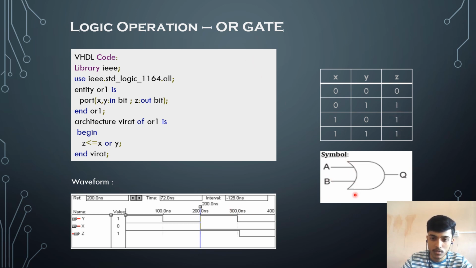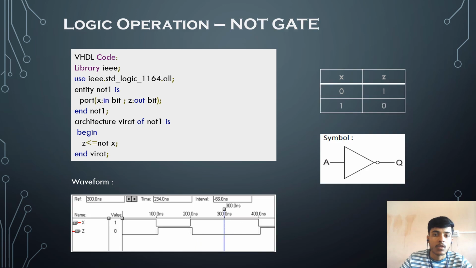This is the logical symbol of the OR gate. Here I am providing the waveform. When x and y are 0 1, I get the output as 1. Similarly 1 0, I get 1, and 1 1, I get 1. Or else with 0 0, if both are 0, I get the output as 0.